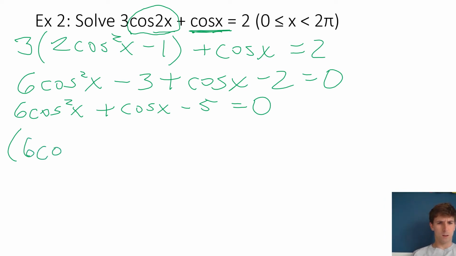If I had 6 cosine x and cosine x. Okay, so I need this to be positive here. So if I do negative 6 plus 5, so therefore minus 5 here, plus 1.